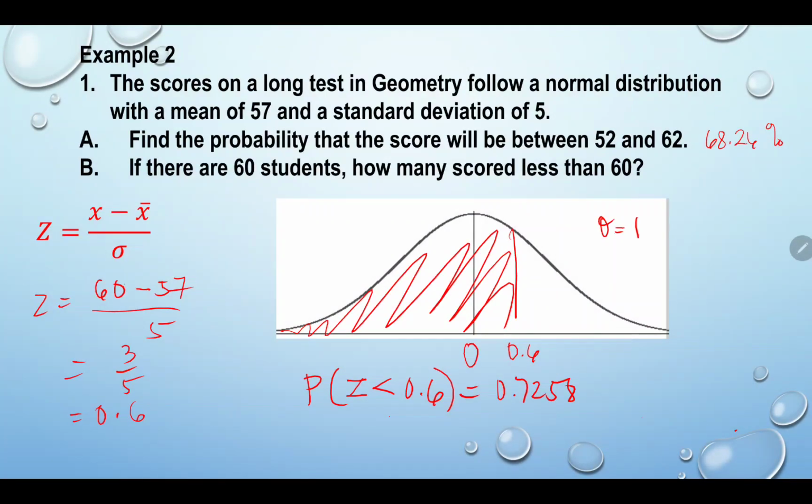Problem now, the question says, if there are 60 students, how many score less than 60%? So this is the percentage of the students who got less than 60. So we will take the percentage of this out of the 60 students. So it's just times 60.